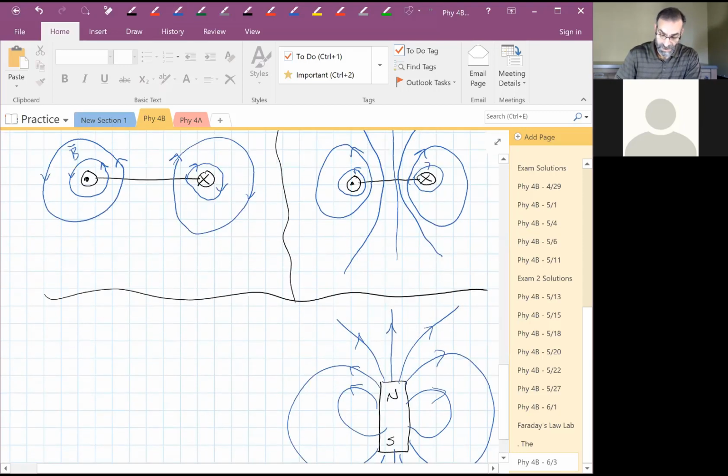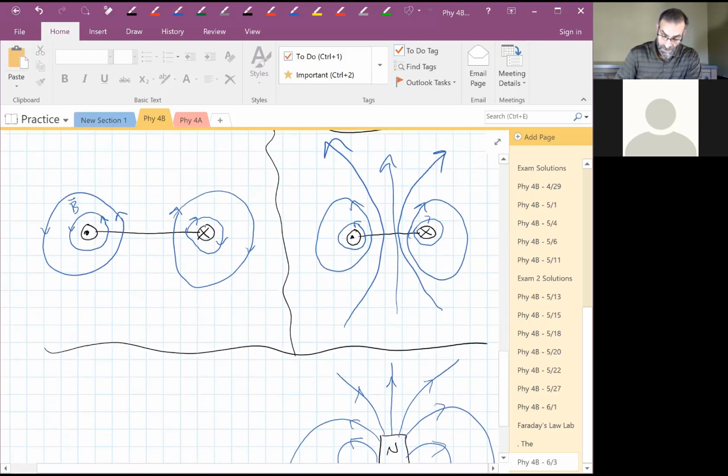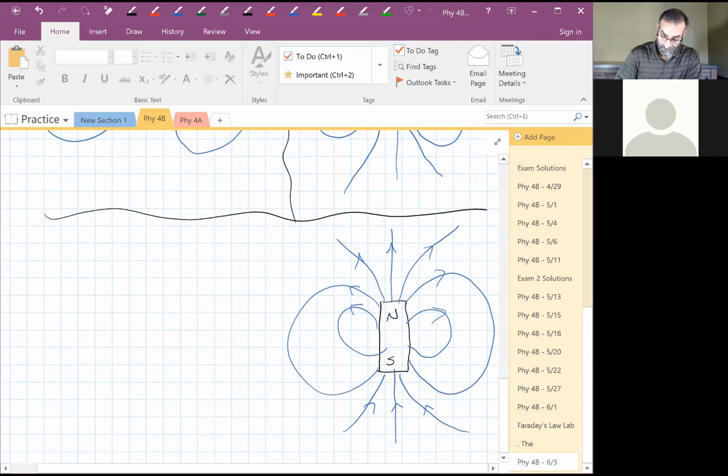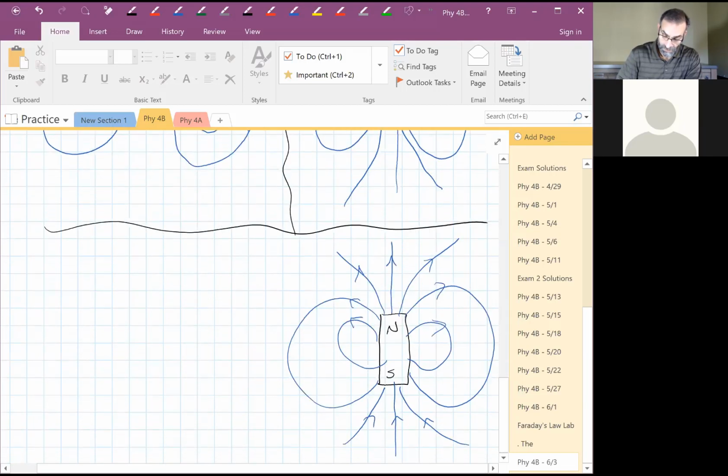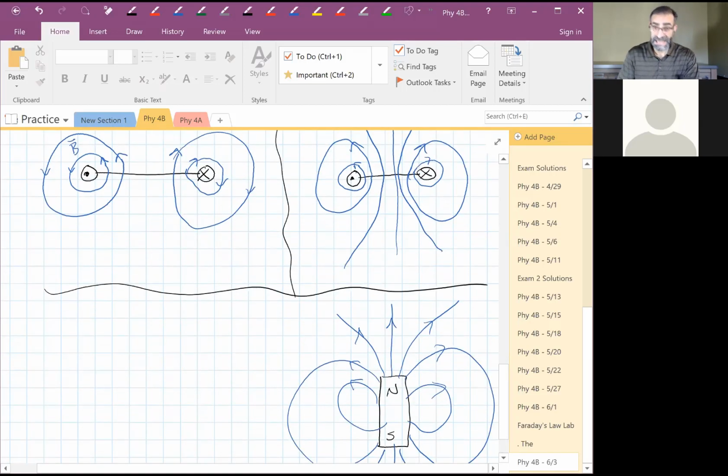Okay, they originate on north poles, terminate on south poles. Magnetic field lines want to form loops. They want to close on themselves.